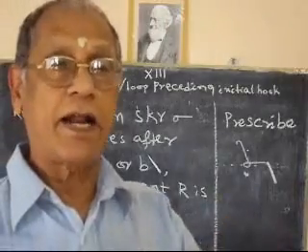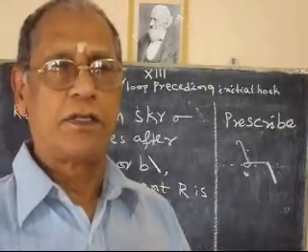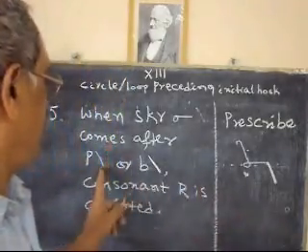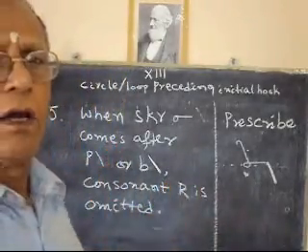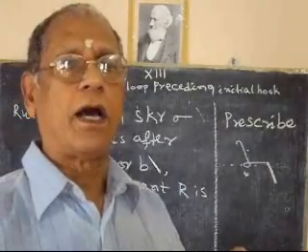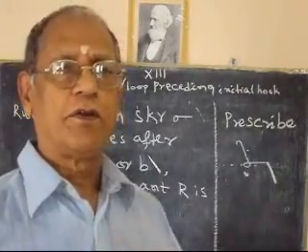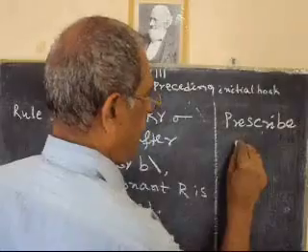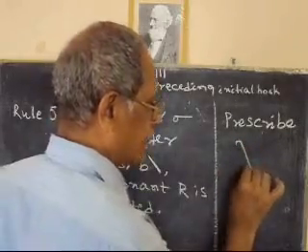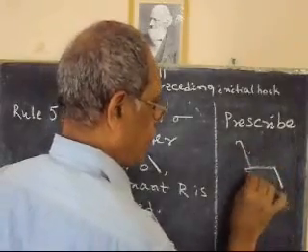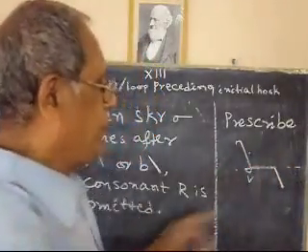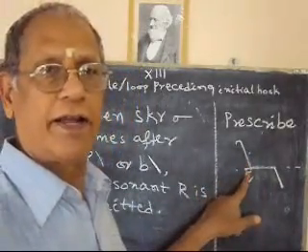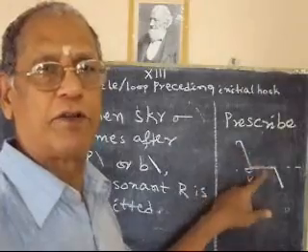When skr occurs after P or B, that consonant R is omitted. We need not represent the consonant R. For example, prescribe. We write prescribe with the circle written outside the angle formed by two straight strokes.